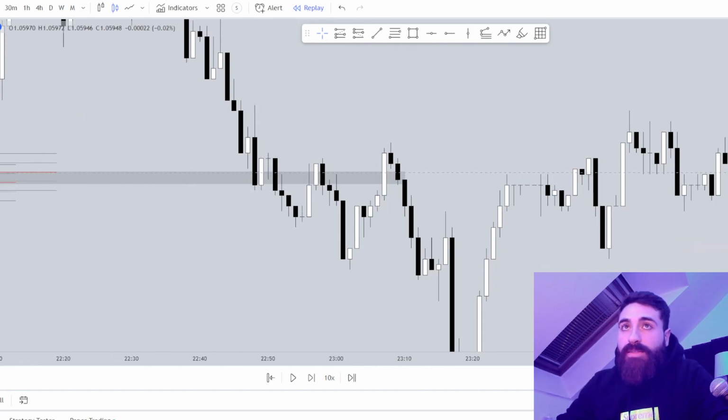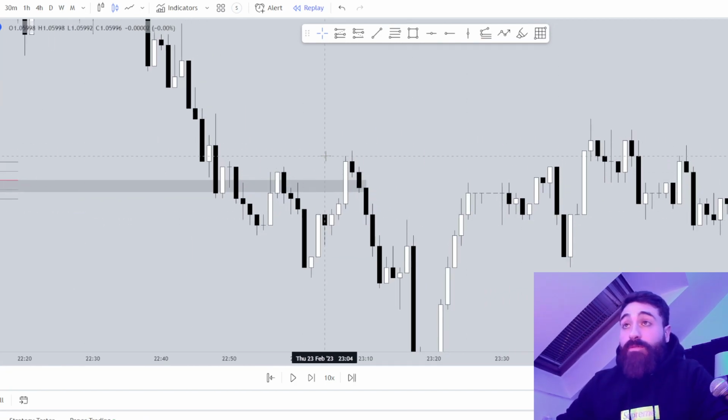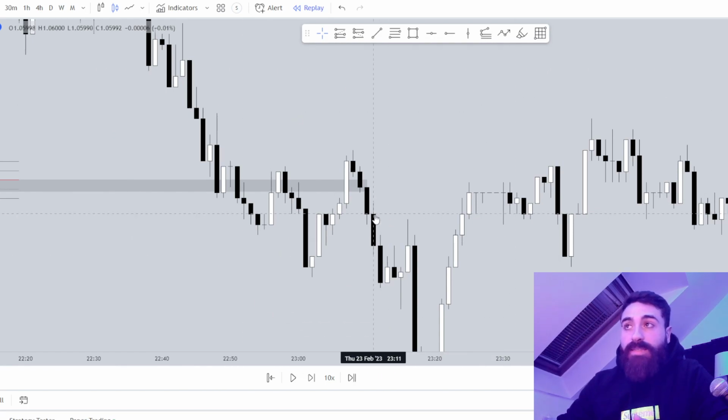We can see that there's a level, but we also have an order block right here. So for me, this is not respected, but this is normal. Not every fair value gap is respected. You need to have a context behind it, a narrative behind it. And I just want to show you that not every fair value gap or implied fair value gap works. Okay, we should not trade this way.